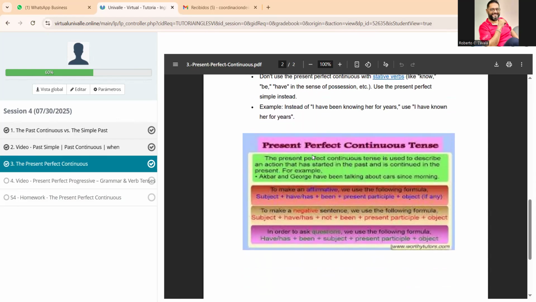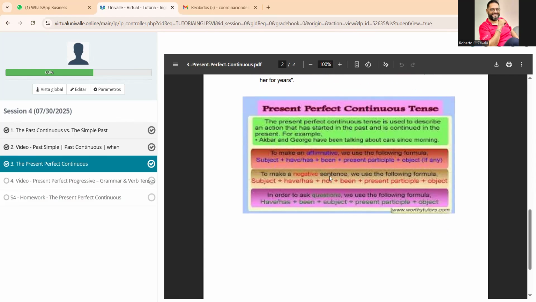And this little chart says present perfect continuous tense. The present perfect continuous tense is used to describe an action that has started in the past and is continued in the present. For example, Akbar and George have been talking about cars since morning. To make an affirmative, we use the following formula: subject plus have/has plus been plus present participle plus object, if any.